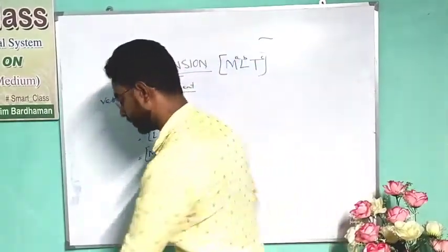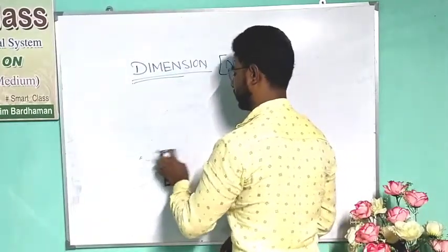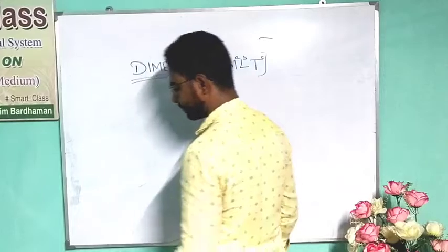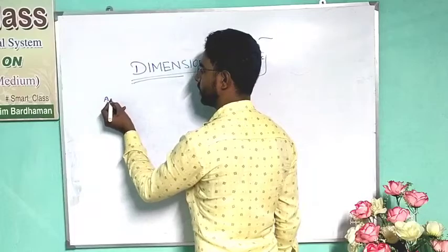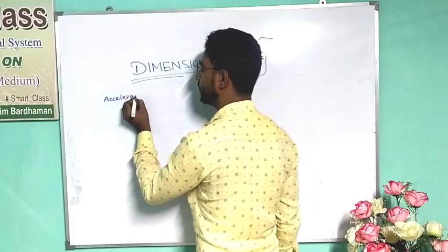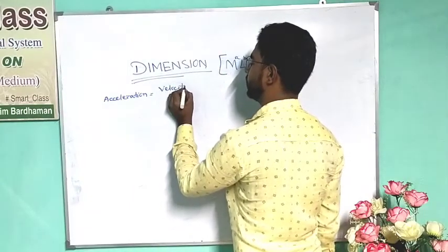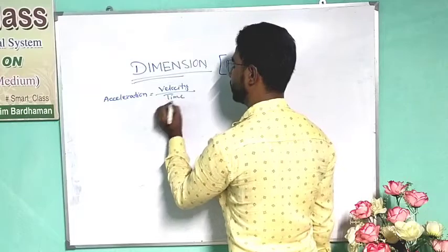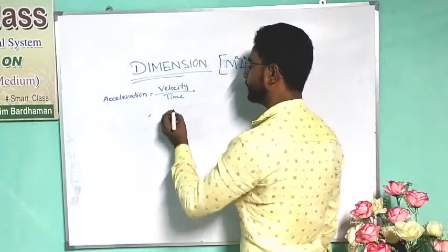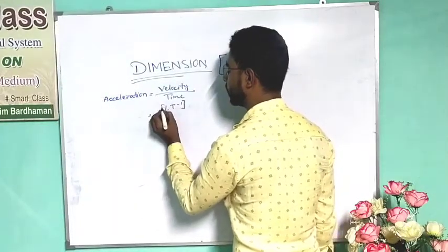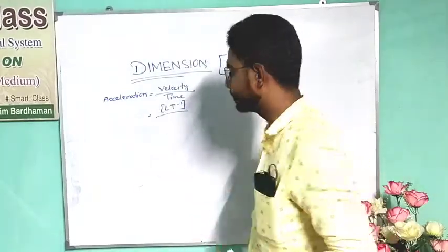Again, now I am choosing acceleration. The formula of acceleration is velocity by time. We have already found the dimension of velocity, which was L T minus 1. Don't forget to write the bracket.